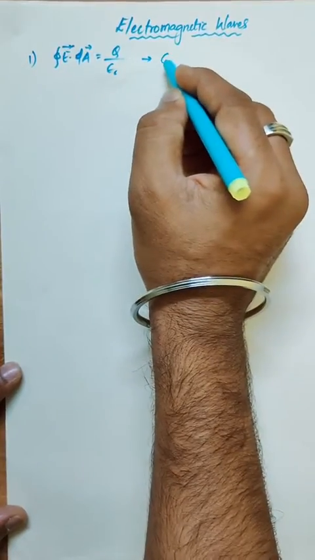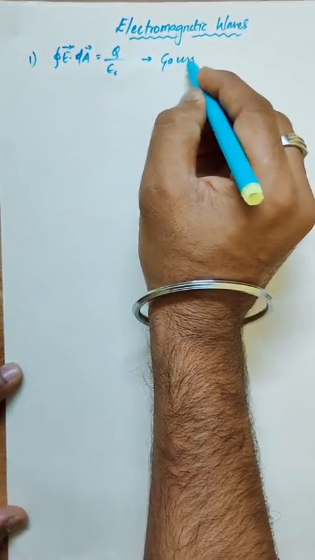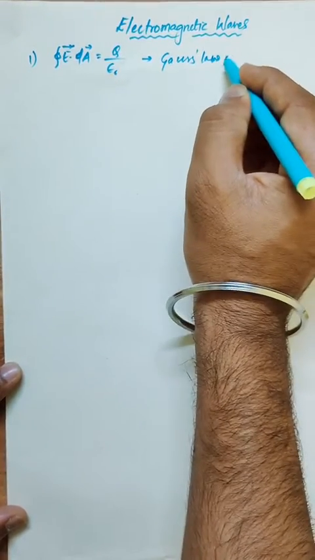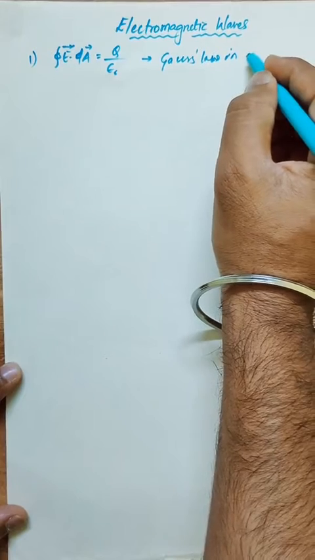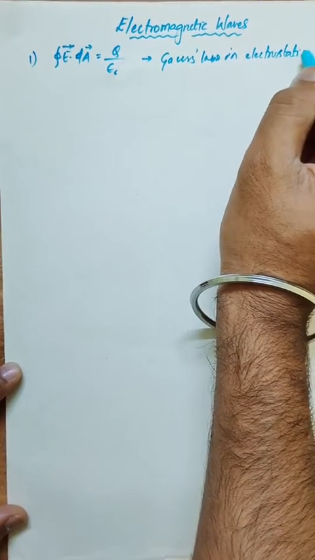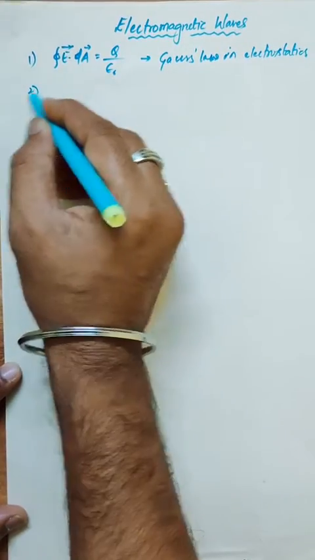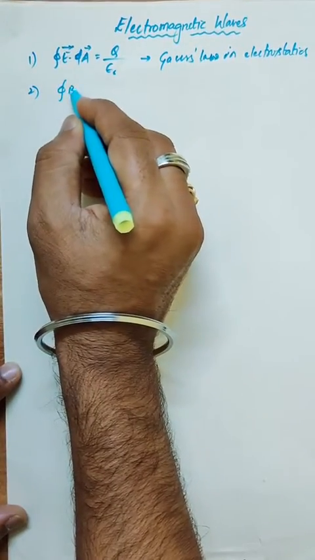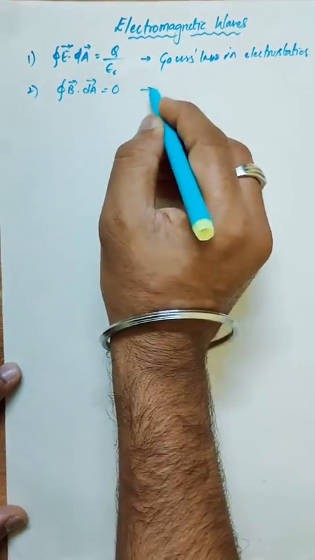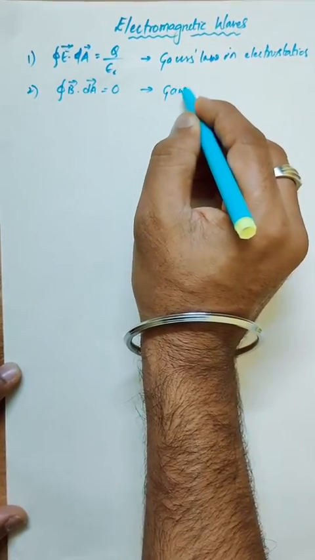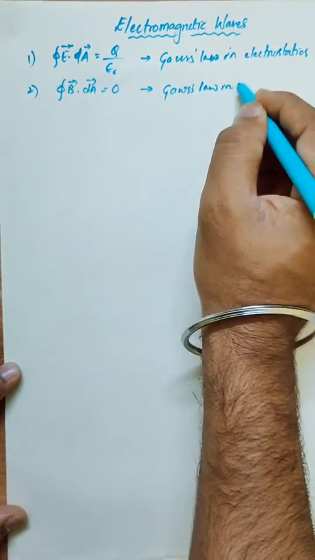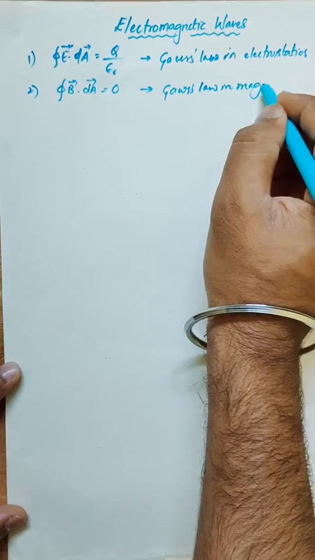This is Gauss law in electrostatics. Second one, we have phi B is equal to B dot dA is equal to 0. This is Gauss law in magnetism.